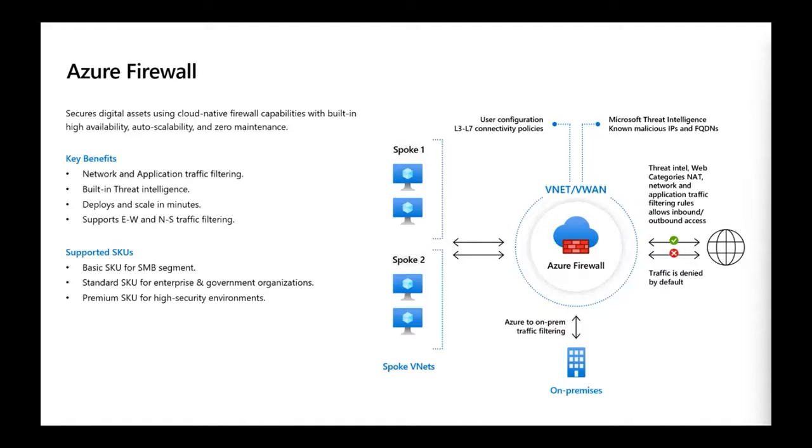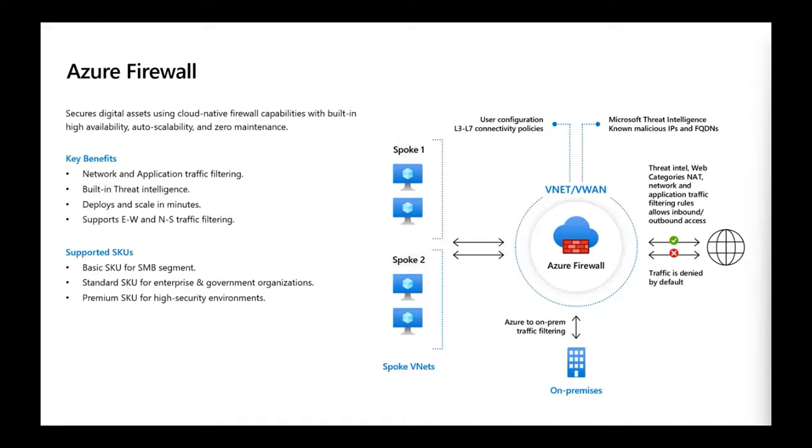It also supports filtering for specific applications and services, such as Azure PaaS services using application level rules. It has built-in threat intelligence to alert and deny traffic from and to malicious IP addresses, FQDNs, and URLs. It deploys and scales in minutes. And again, it supports east-west and north-south traffic.